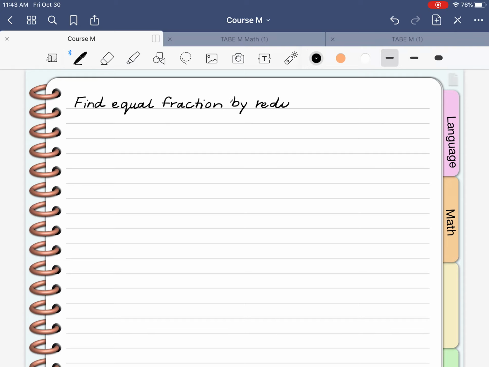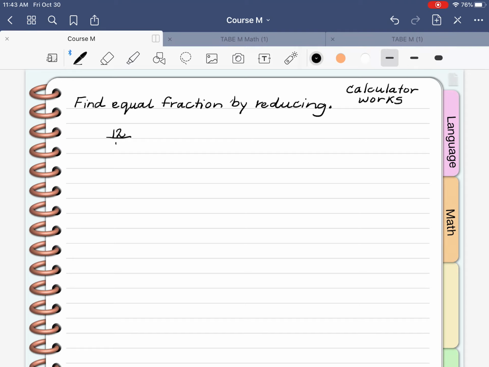Reducing is breaking down, so we're going to use division. And here we go. And remember, your calculator will work for reducing. If you have a calculator, use it. But I'm doing these by hand for those of us who don't have the calculator.